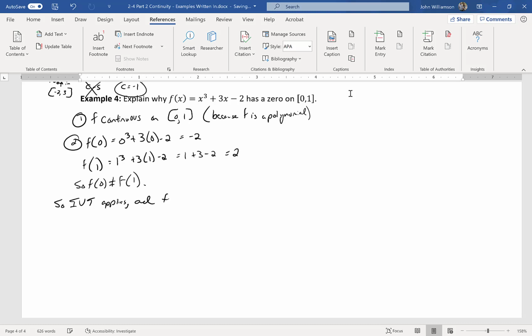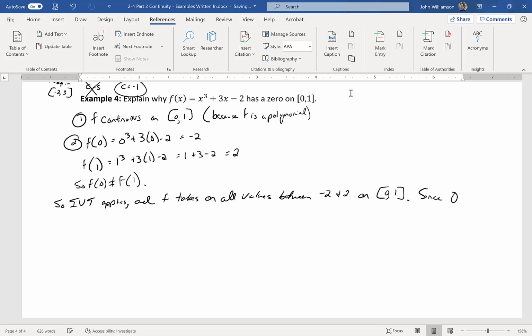And so because the intermediate value theorem applies, f takes on all values between negative 2 and 2 on the closed interval that we were looking at, 0 to 1. And so guess what?